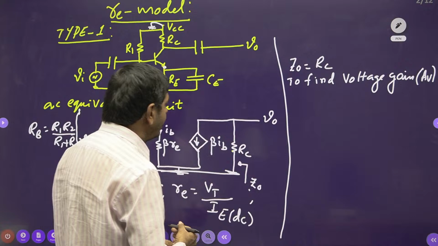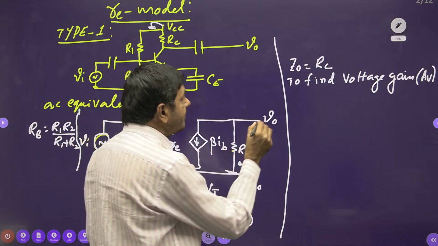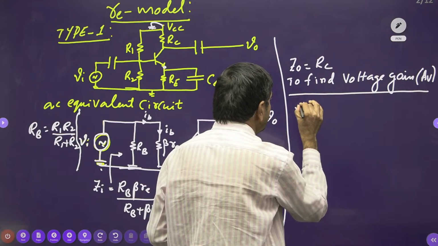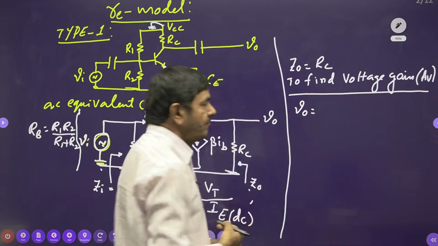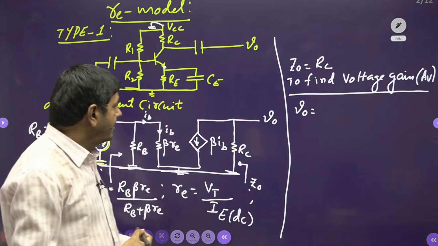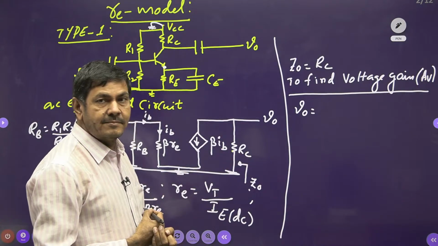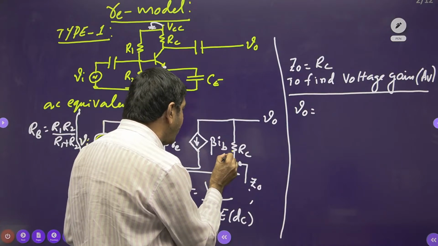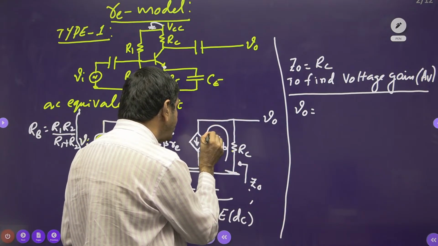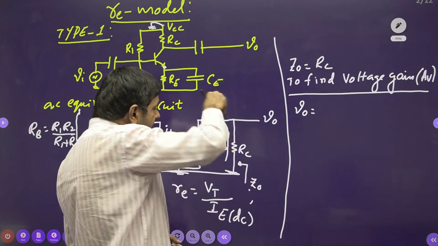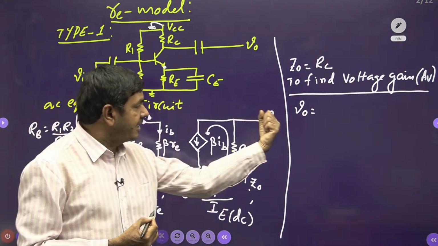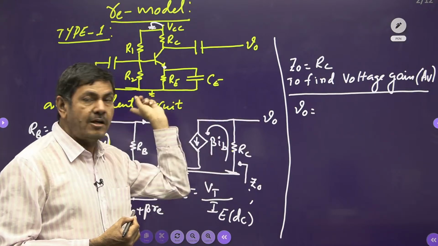But how to find out the voltage gain? Initially, I wish to find what V naught is. What is V naught here? It is the voltage across this RC. What current is passing through this RC? Beta into IB. That current is passing in reverse, meaning RC has to receive the current but the given direction is opposite.